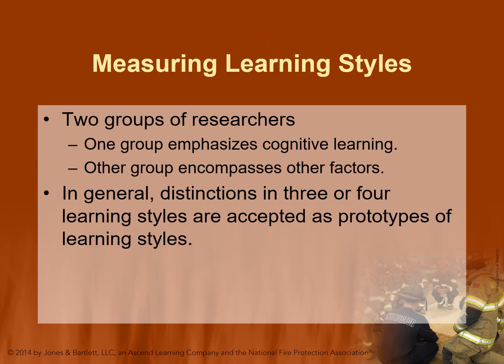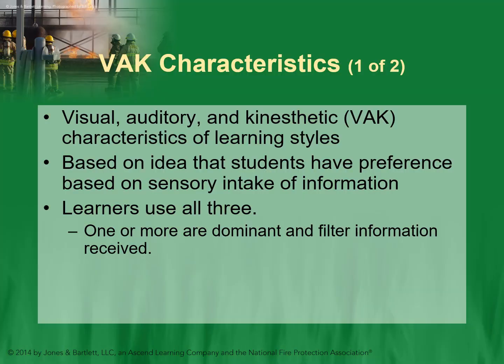Measuring our learning styles: two groups of researchers. One group emphasized the cognitive learning, while the other group took in and encompassed the other factors. In general, distinctions in 3 or 4 learning styles are accepted as prototypes for the learning styles: visual, auditory, and kinesthetic.